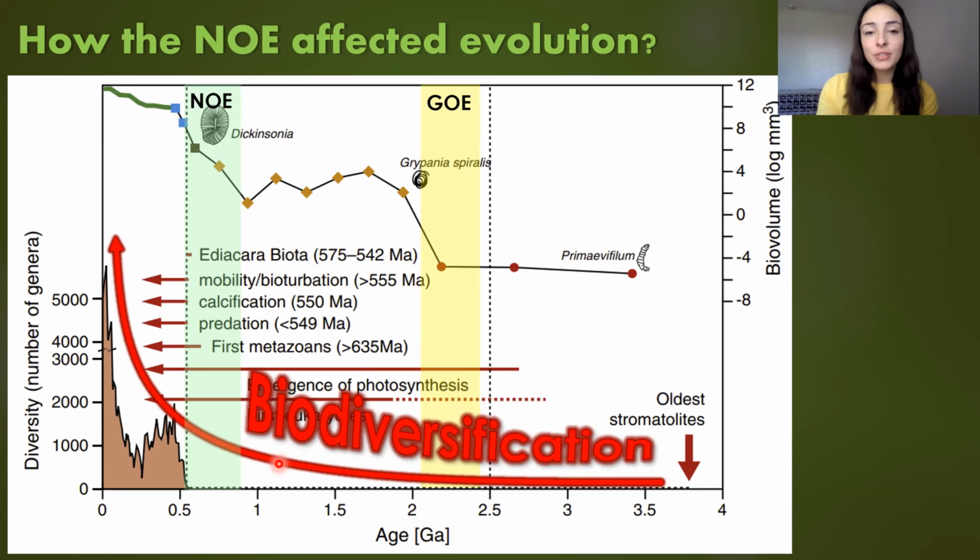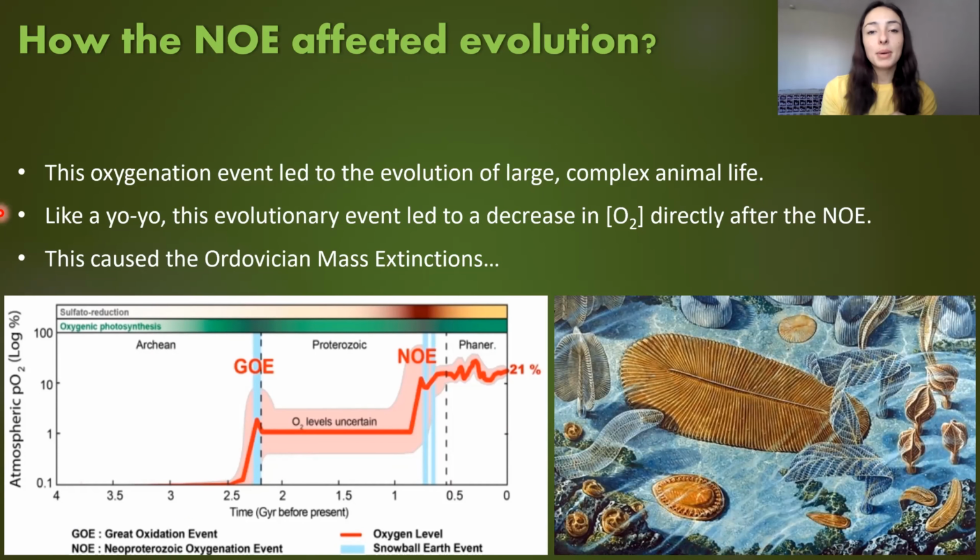But in this video, let's move on to the recap of what the NOE caused in terms of biology and evolution. So we know that this oxygenation event led to large complex animal life, and we just saw that it also led to huge biodiversification. However, like a yo-yo, this evolutionary event led to an immediate decrease in oxygen directly after the NOE, and this caused the Ordovician mass extinctions.